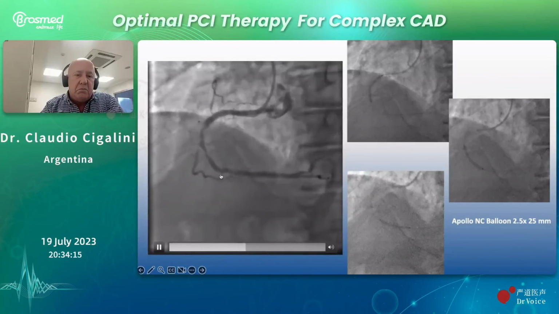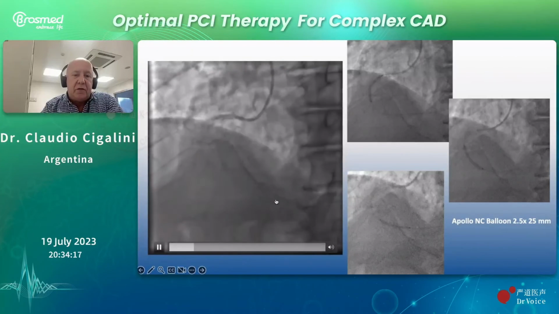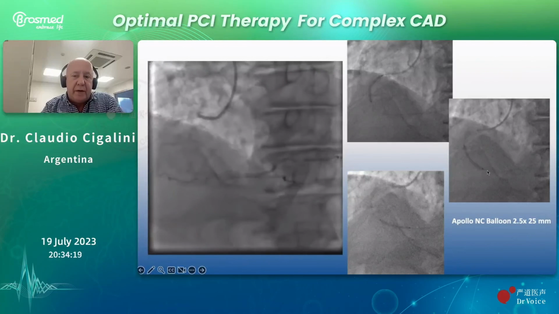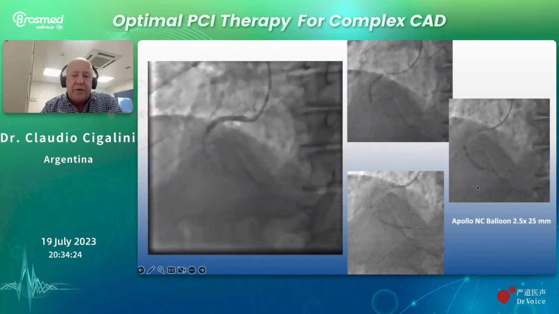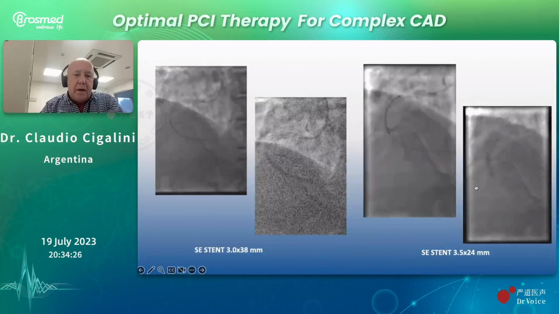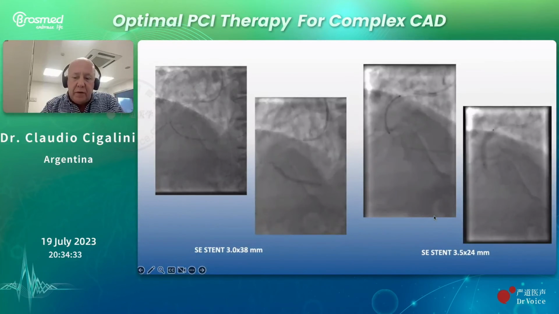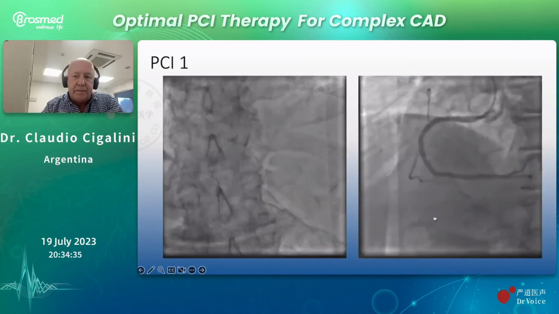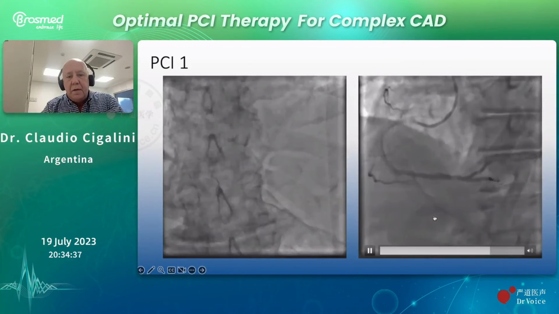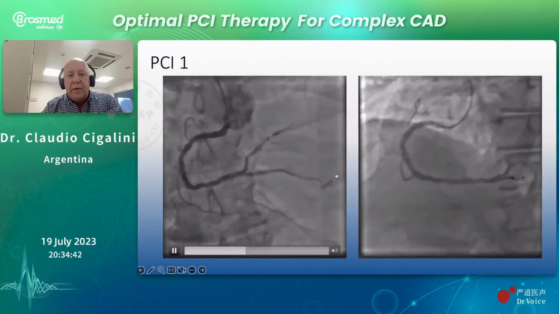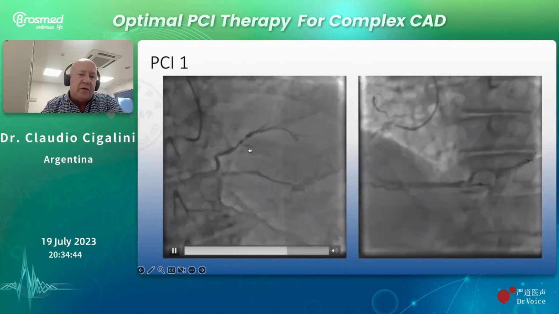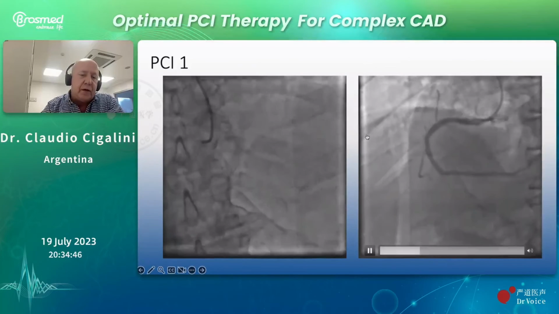We didn't have any difficulty to cross. We could prepare the lesion very well with high pressure inflations. After that, we implanted 2 sirolimus eluting stents with this final result. Because of the complexity of the patient, we decided not to treat this posteroventricular lesion.